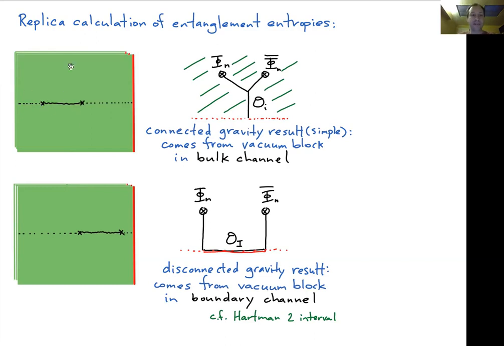Okay. And so this is the space that we want to calculate the partition function of our CFT on. These are the two cases as the interval gets closer or further away.